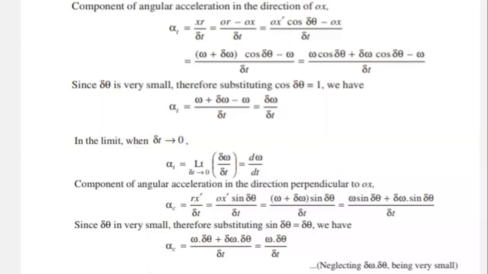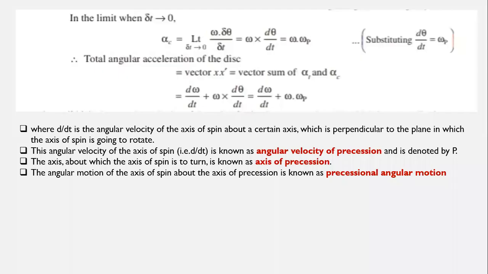By neglecting delta omega into delta t, which is very small, alpha c is considered as omega into delta theta by delta t, that is the time value of the angular acceleration in the direction perpendicular to OX.